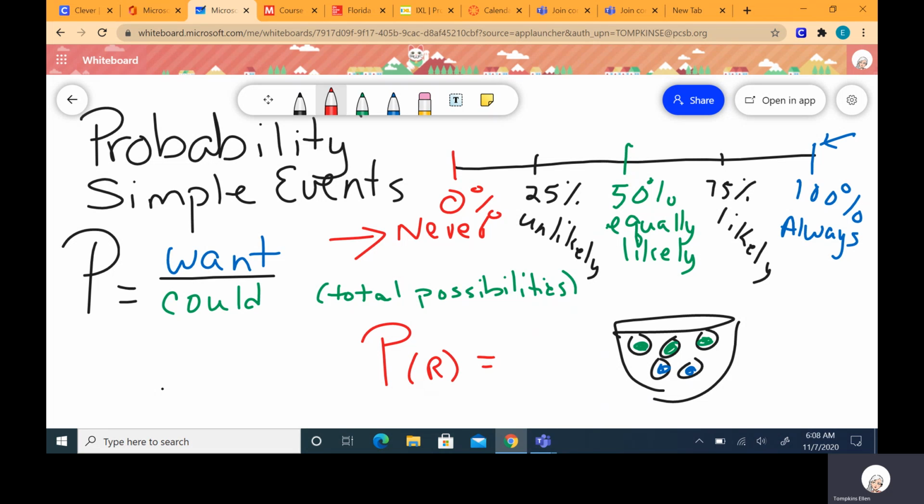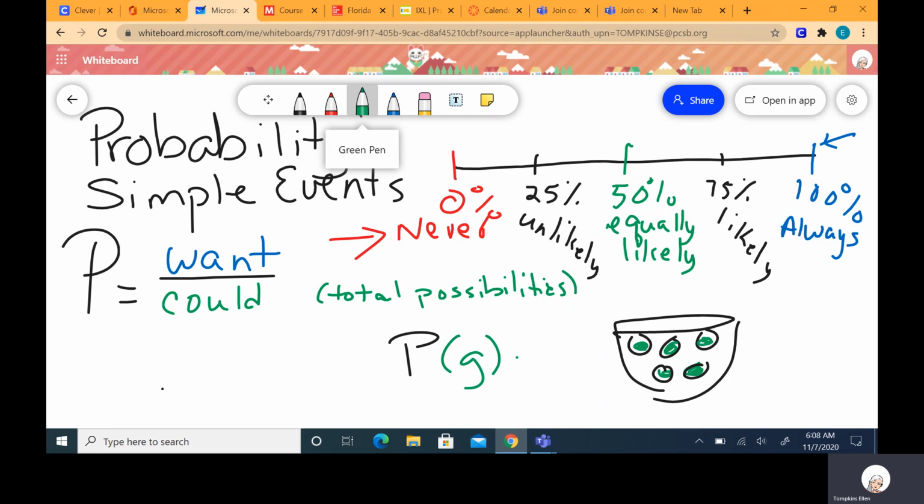Well, there are no red ones in there, so that would be 0%. Now, if I wanted to know the probability of pulling out a green one out of this one, well, they're all green in this case, so it would be 100%.